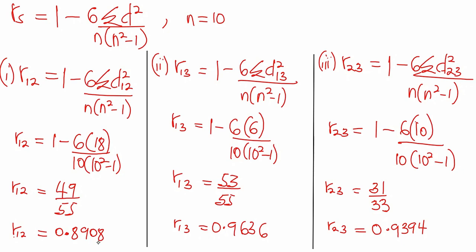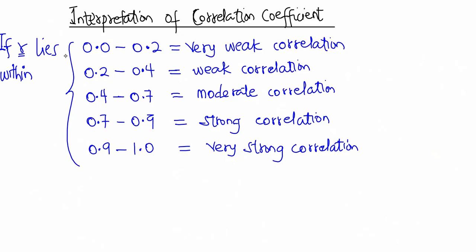We can do that by looking at the interpretation of the Spearman rank correlation coefficient. If we have any R value, which we know to be the Spearman rank correlation coefficient, and the R value lies within 0.0 to 0.2, we can determine that correlation coefficient as a very weak correlation.